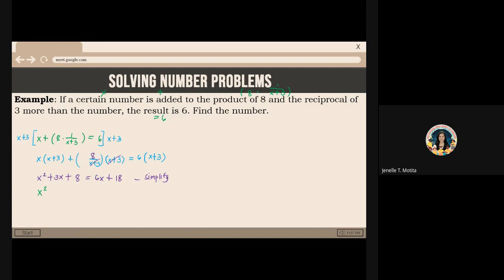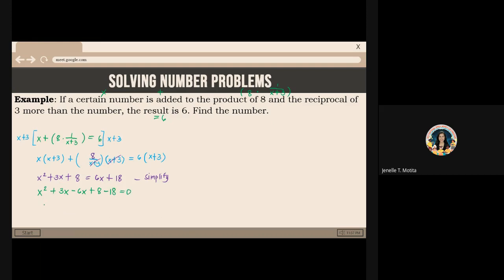So, 3x minus 6x because transposition na po. 3x minus 6x, that will give you minus 3x. Since nilipat mo yung 6x dito, you will have negative 6x plus 8. Then plus 18 here. So, ilipat mo sa kabila, that will be negative 18 is equal to 0.